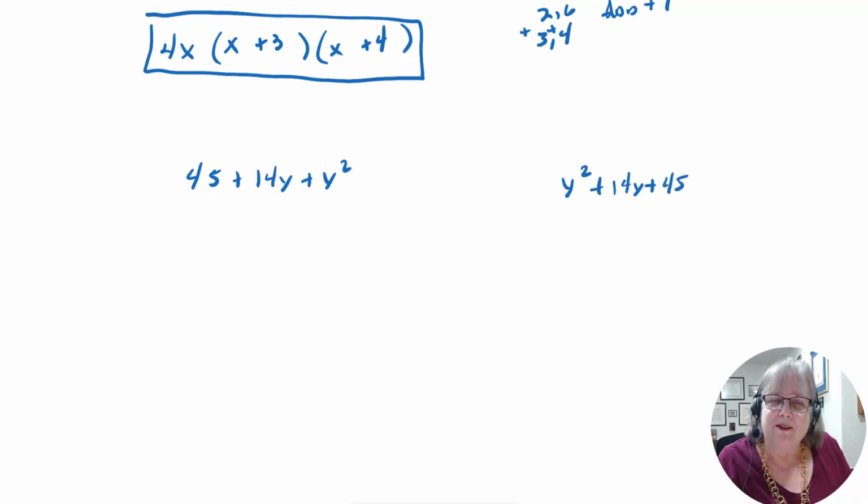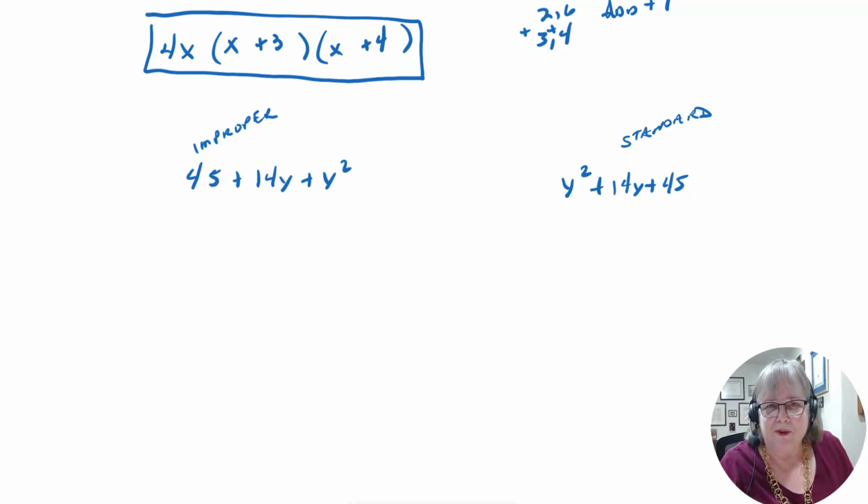And if it does kind of disturb you, I want to congratulate you on the fact that this is standard form, and what you're preferring is standard form, where it has the biggest power, y squared, and the next biggest power, y, and then just the constant. So this one here is standard form, proper form. This one here is improper form, but doable.